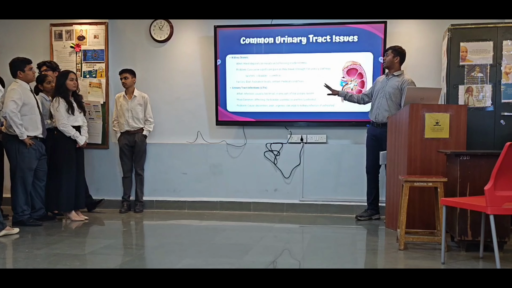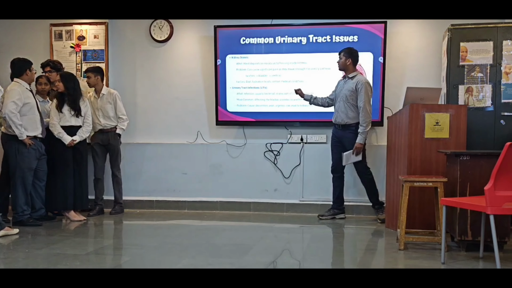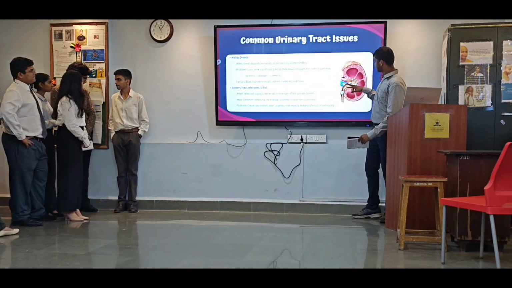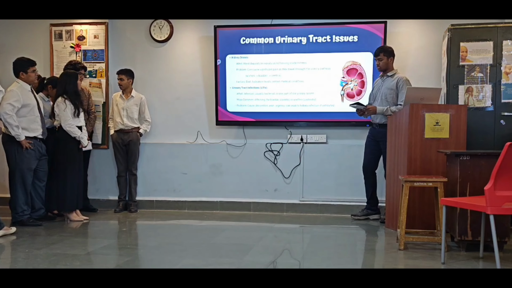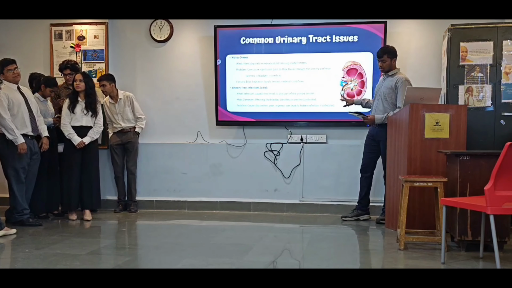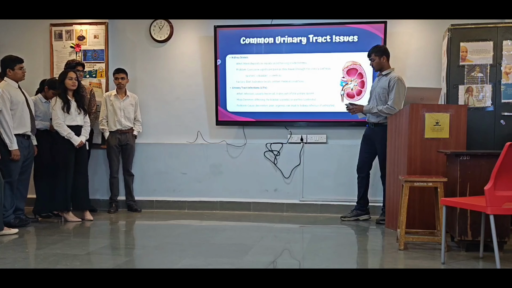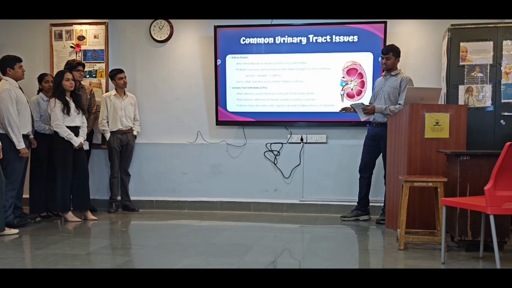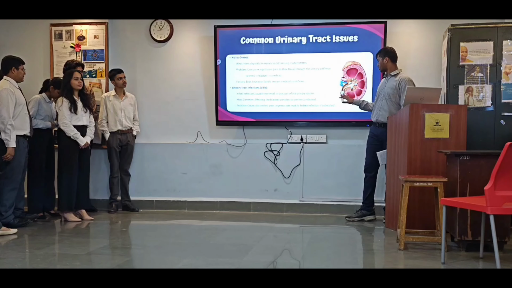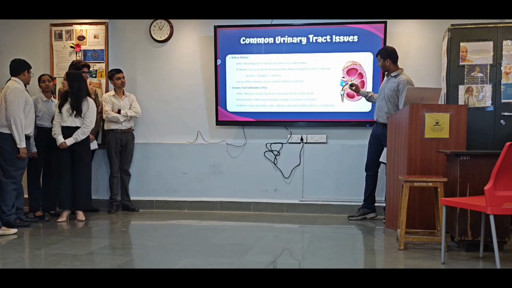We will be touching upon common issues in the urinary tract. First is kidney stones. Kidney stones are deposits of minerals formed from crystalline substances like calcium oxalate, calcium carbonate, sodium chloride, and sodium phosphate. While the stones are sitting there, they are not an issue.